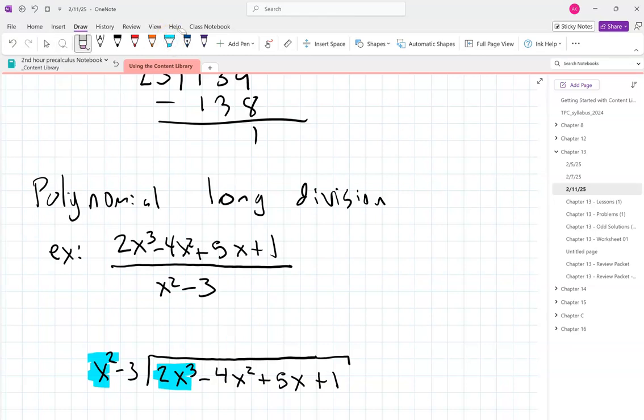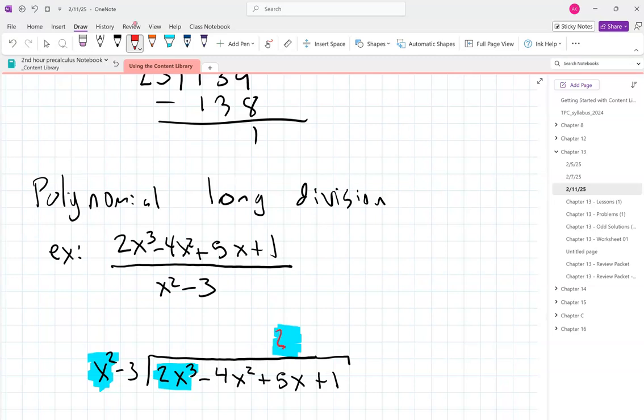Okay, let me ask it a different way. I'm going to ask, what times x squared gives me 2x cubed?